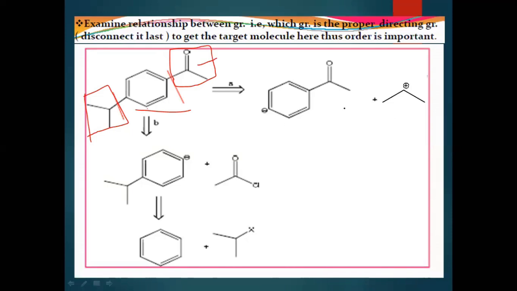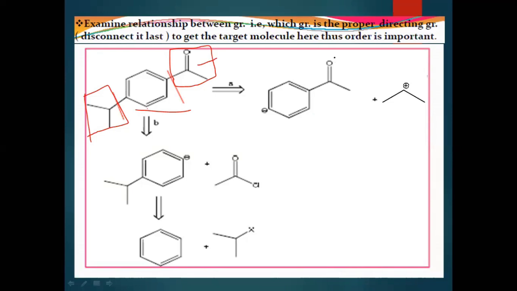After proposing the synthetic equivalent for these two, can we reconstruct this target molecule is the question. Because it is an electron withdrawing group, and even if you have the corresponding alkyl halides, with the help of Friedel-Crafts alkylation, can we reconstruct this target molecule?